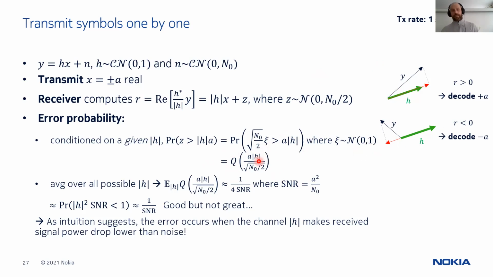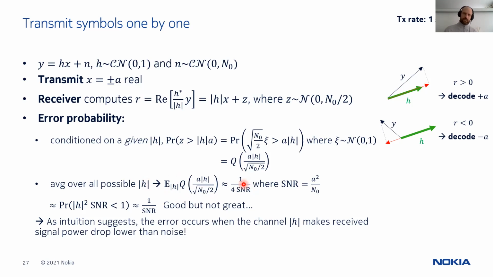But then we still have to average over all possible h, because h is not at all fixed. I mean, there are ways to estimate the channel, but still h is not fixed. So if you average over all h, then you get an expression that is inversely proportional to SNR.